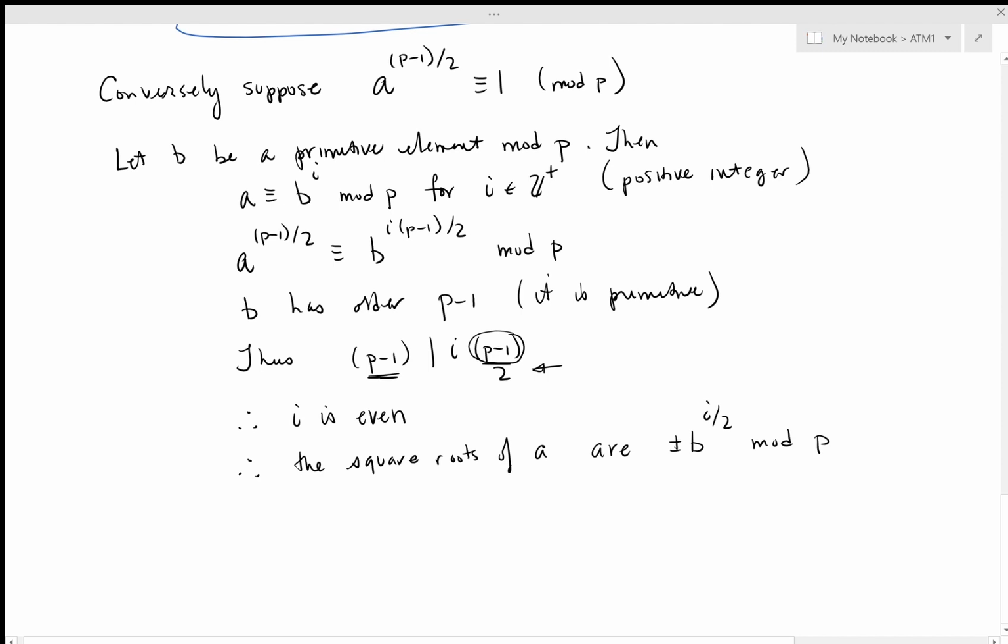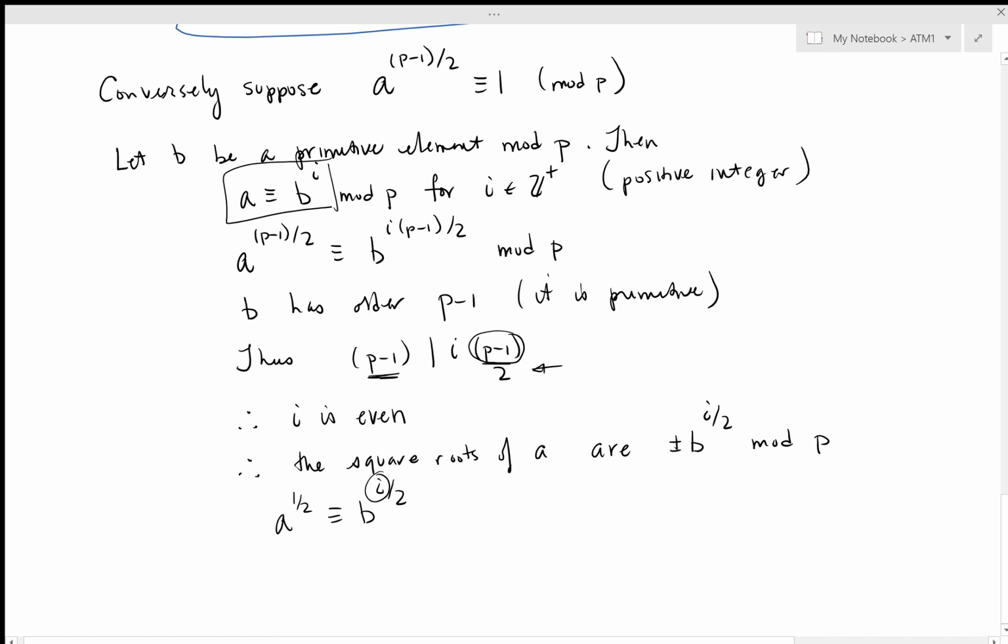We had that a was b to the i, and now we are positive that i is even, so we can take the square root by representing the square root of a as a to the 1/2. The square root of a is then congruent to b to the i over 2. And so the square root of a exists because we have assured ourselves that this thing is even.